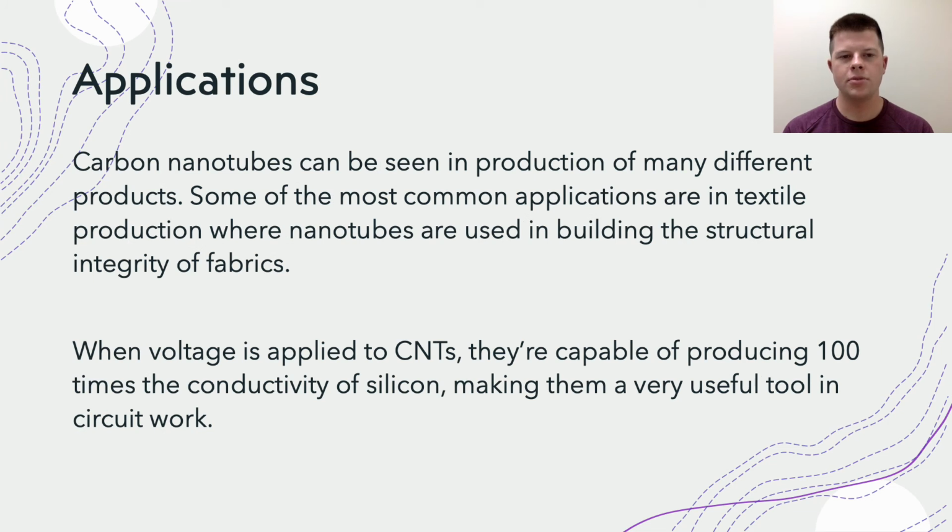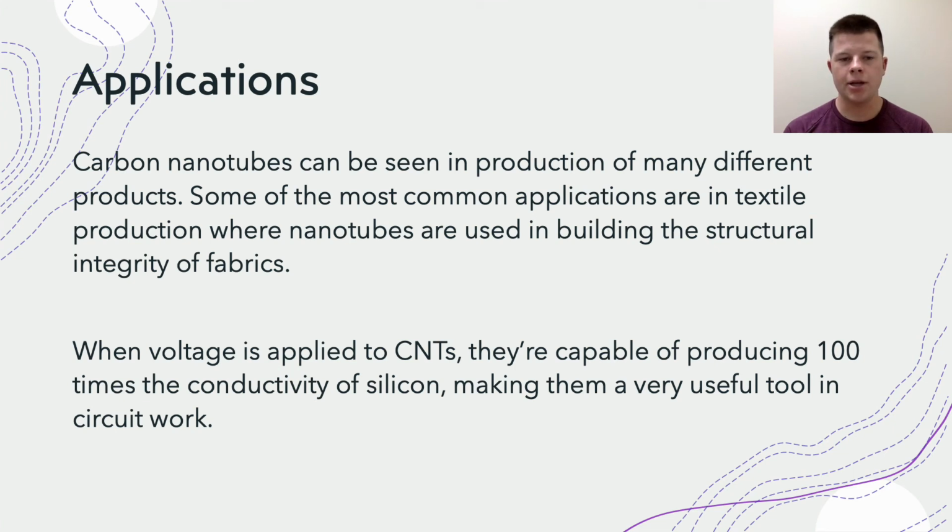So typically, carbon nanotubes are seen in production of many different products. Some of these products are within textile production, where nanotubes are used in building the actual structural integrity of fabrics, which can make them stronger or more lightweight, depending on what is needed.